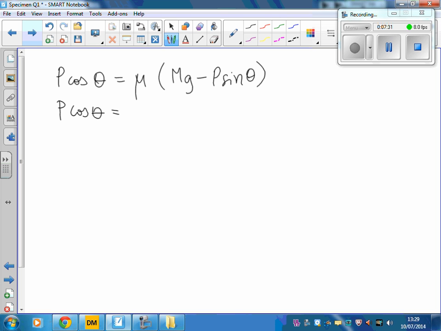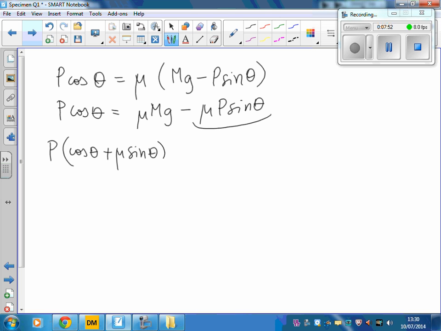Let's remove the brackets. We've got mu mg minus mu P sine theta. Let's move this term over to the left hand side and take P as a common factor. We've got P times cos theta plus mu sine theta equals mu mg.